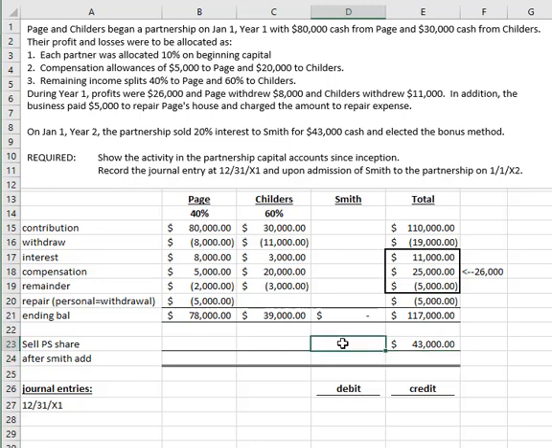But Smith isn't going to get credited for the cash that's contributed. Smith is going to get credited for 20% of partnership capital. And so 20% of partnership capital would be 20% of the capital before the contribution plus the contribution.